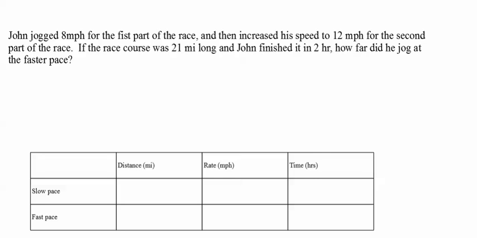So if you think about the slow pace, we don't know how long he took, so we'll call this X. His rate was 8 miles per hour. And because distance equals rate times time, his distance was 8x.